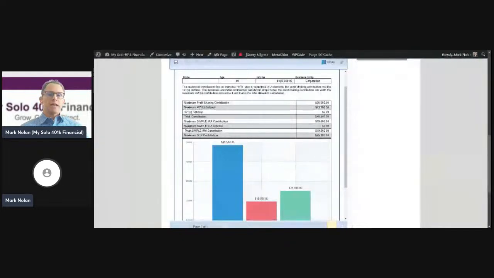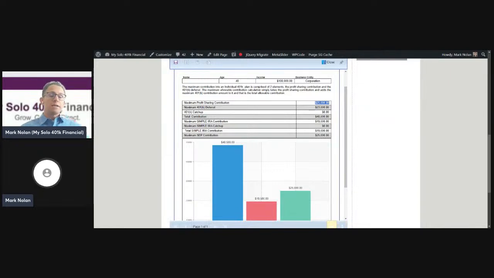Okay, this $25,000 figure is derived by simply multiplying 100,000 times 25%. That's how we get to $25,000. So you would apply that $25,000 as an employer Roth solo 401k contribution.